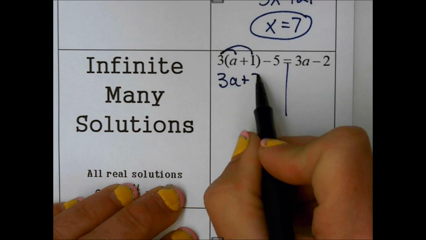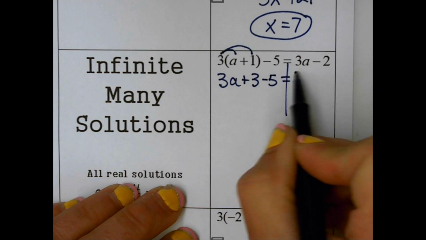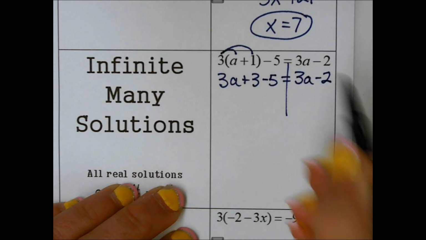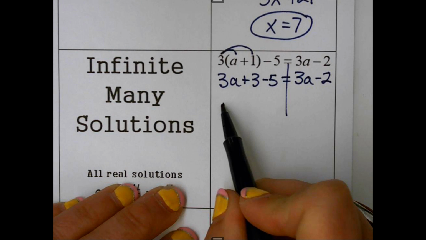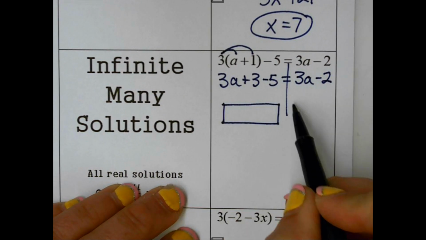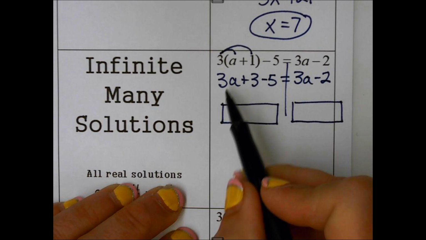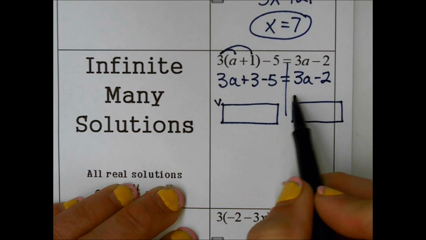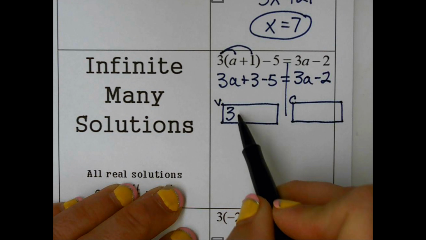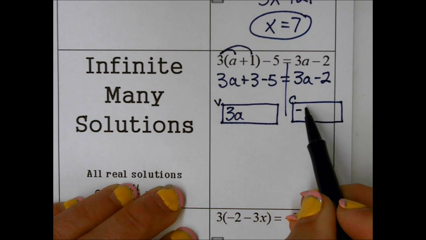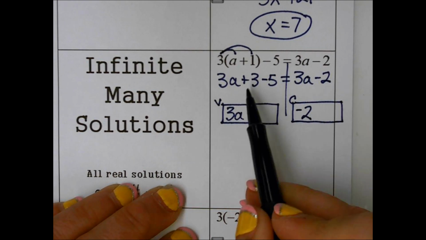All right, so I'm going to make the rectangle. And let's see what happens here. So 3a is going to stay. I'm going to put v and c just to remind you. Variables stay, constants stay. We're going to take plus 3 minus 5 to the opposite side. So we'll do the inverse operation, minus 3 plus 5.